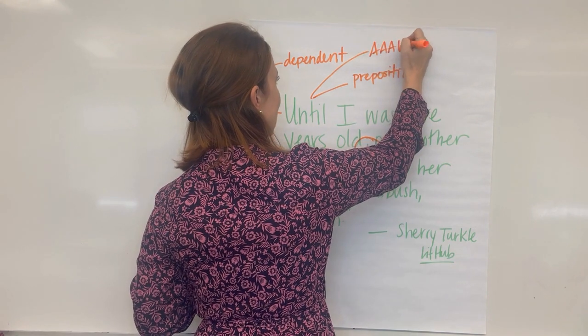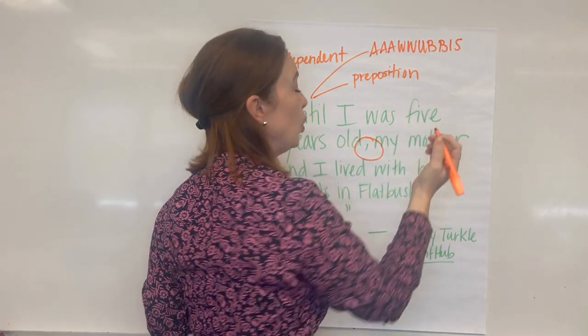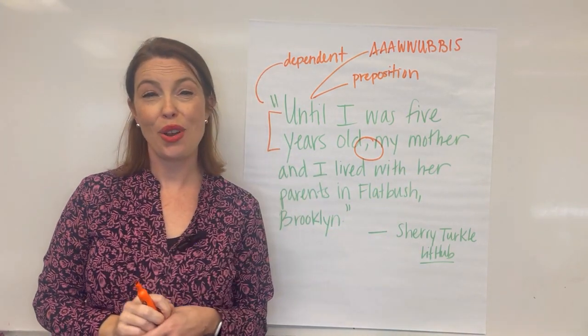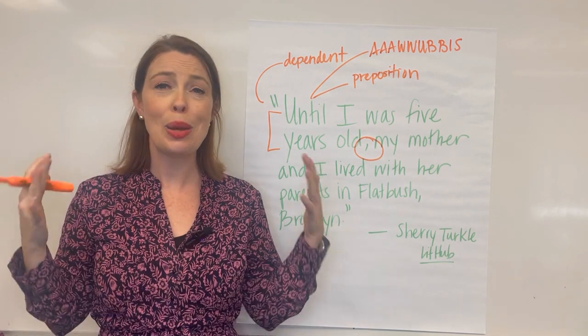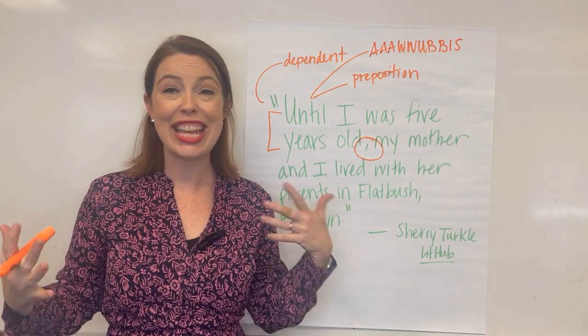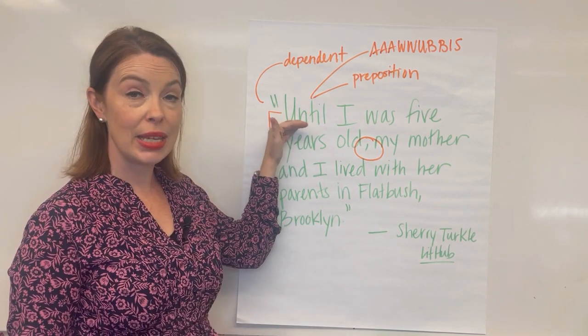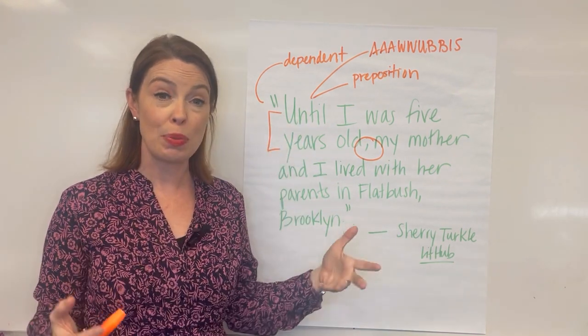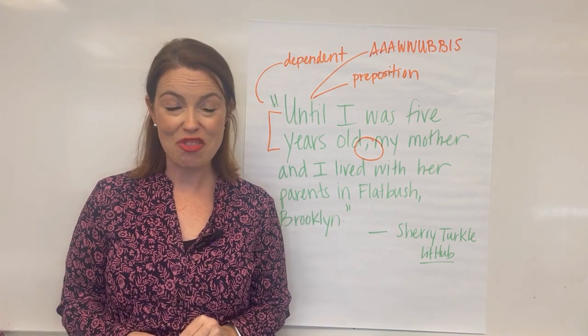And that's what we're doing today. AWUBIS is just a really funny acronym for although, after, as, when, while, until, before, because, if, and since. And you will very commonly see those words at the beginning of sentences when you're opening with context. Try one of those words on for size and see what it does for you.